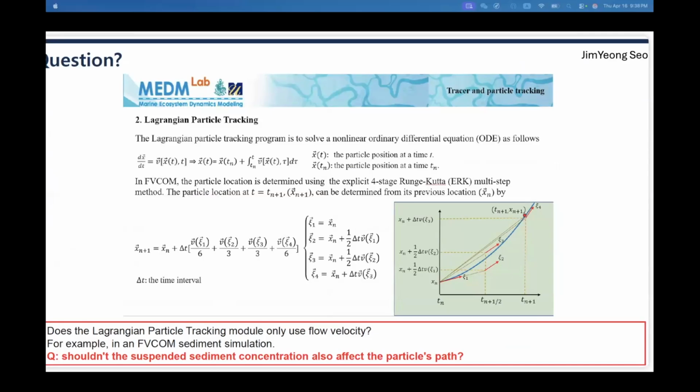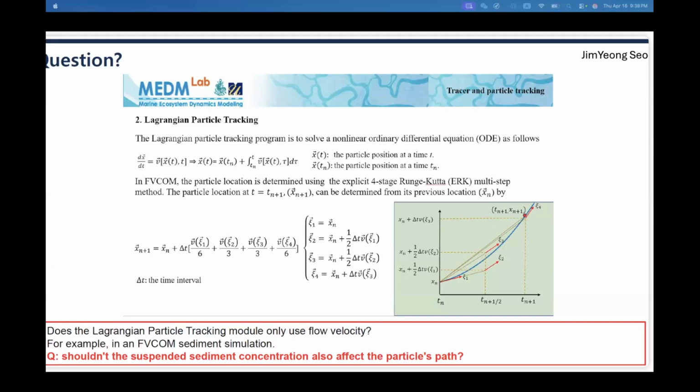They are only driven by the flow. But if you have sediment there, the flow can change. For example, if you have a sediment bed at the bottom, the friction becomes bigger, then the flow can be slowed down, and then the particle can be affected. Sediment and suspension change the flow.